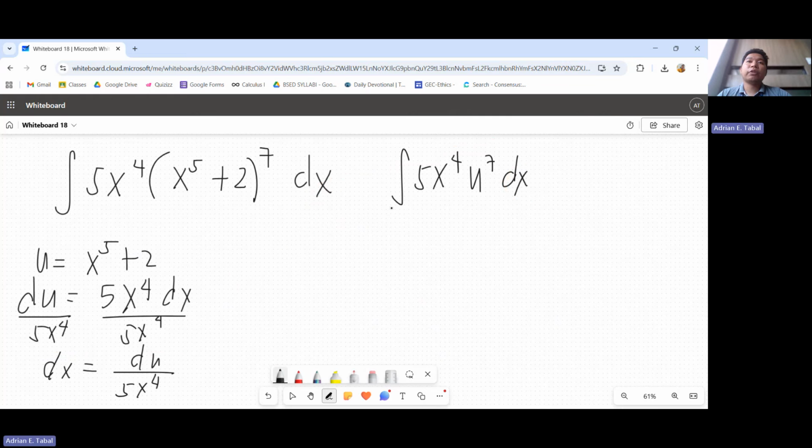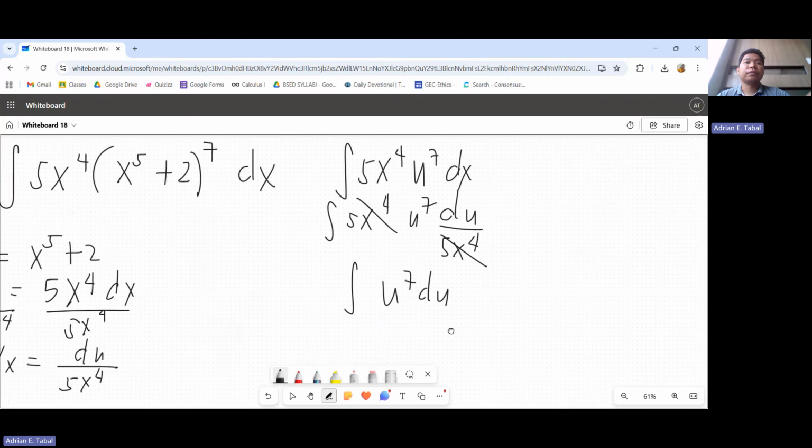Our new equation will be the integral of 5x raised to 4 times u raised to 7 times du over 5x raised to 4. Simplify, cancel. So the remaining variable is u to the 7th du.